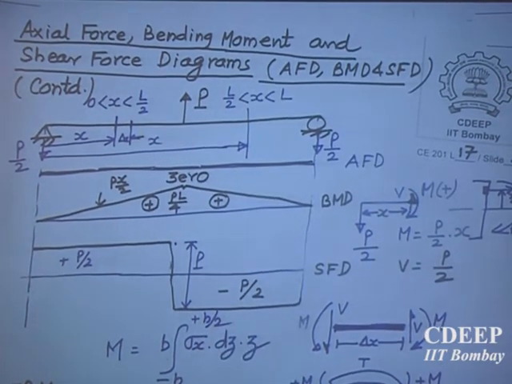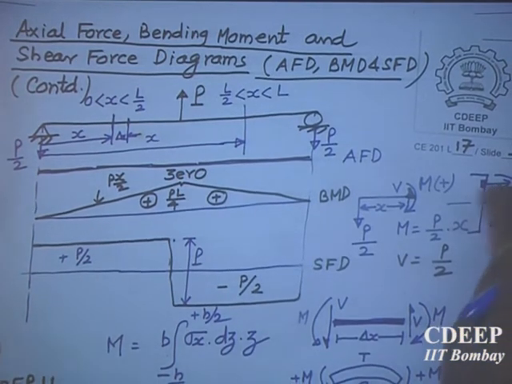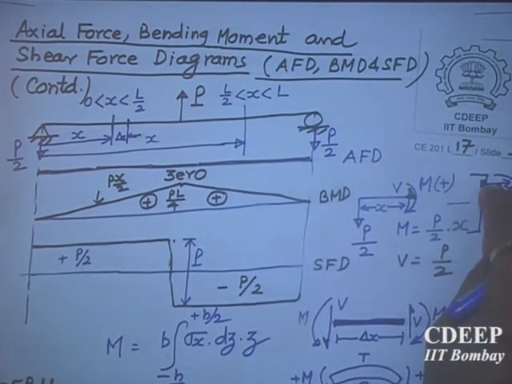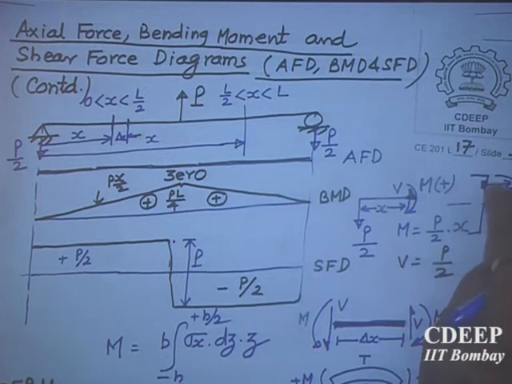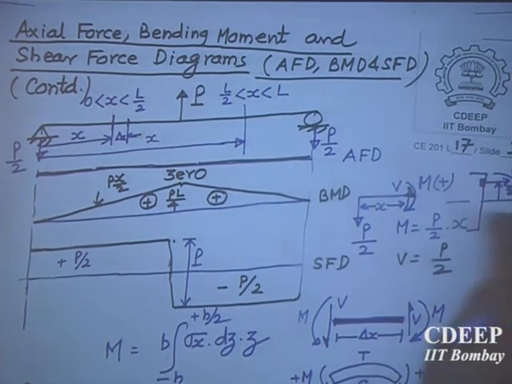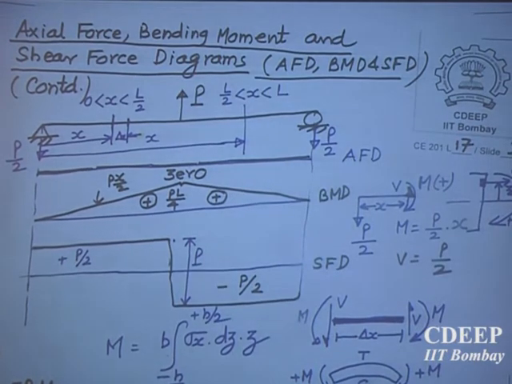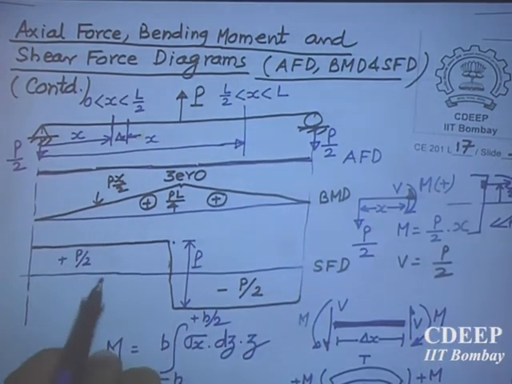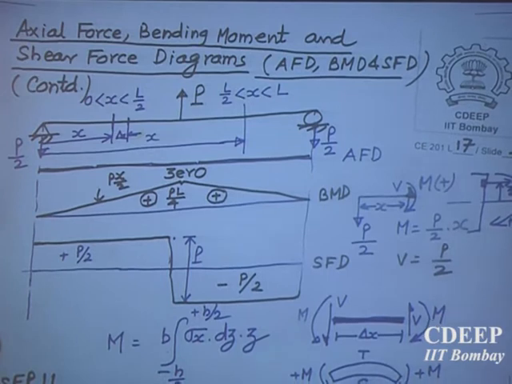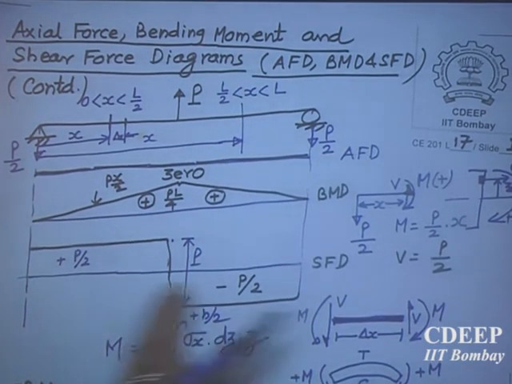Here sigma x is positive at distance z from the centroidal axis in z direction. So that is producing a positive moment, so I am calling that positive, and it is defined like this.